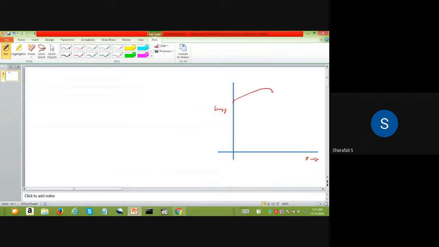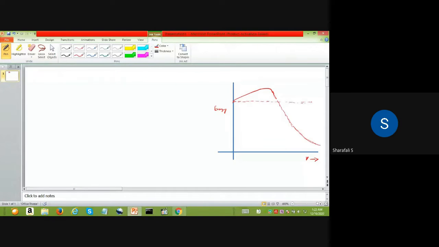And at the maximum, then it will come to some 1/r fashion, something like this. So in the last class, we discussed this curve, the energy of the nucleus against the deformation parameter R. So this is the ground state energy of the nucleus.